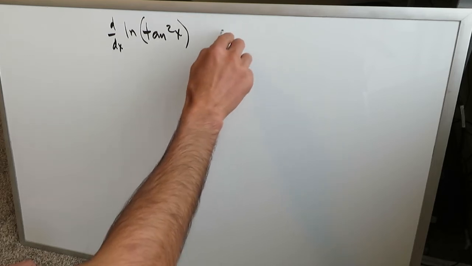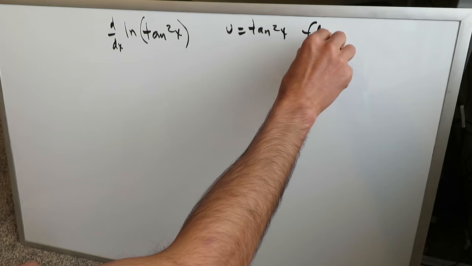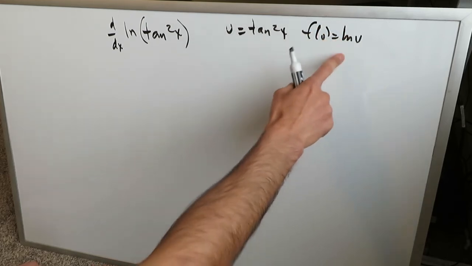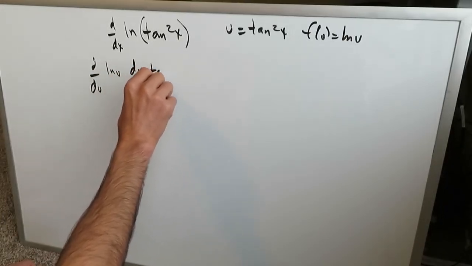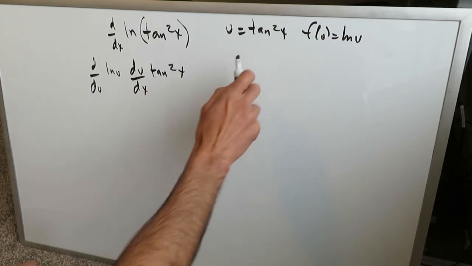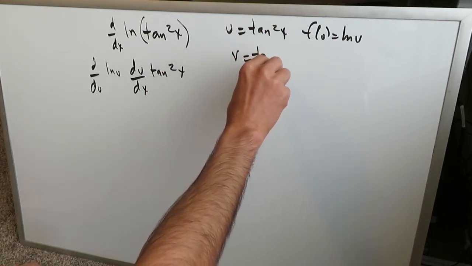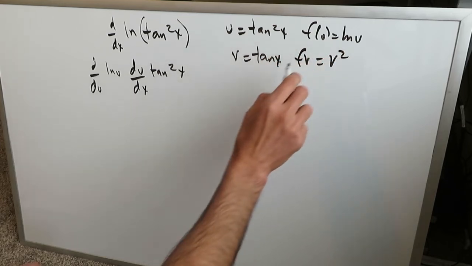In one way, you can do u is equal to tan squared x, then f of u is equal to ln u, and you can proceed with that: d over du ln u, and then du over dx tan squared x. But here you have a composite, so v is equal to tan x, then f of v is equal to v squared.